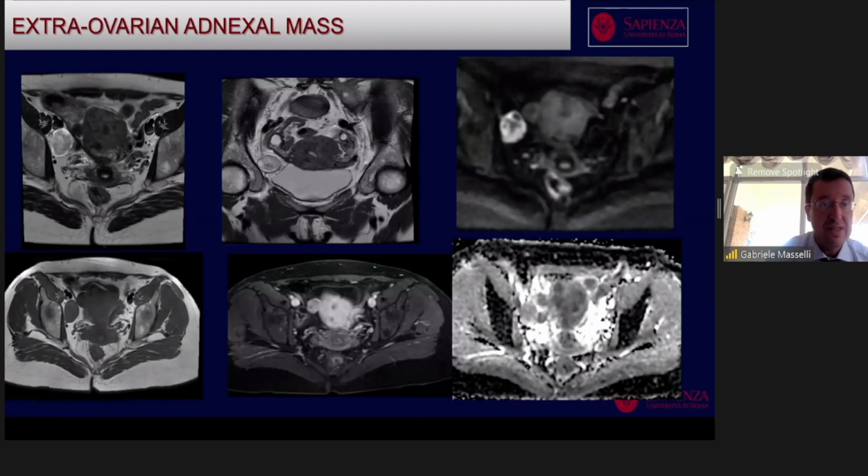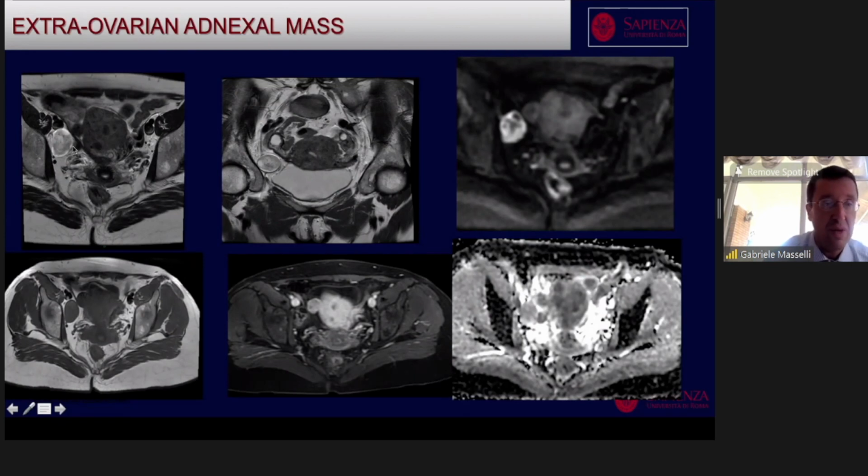I'll show you another case. This patient underwent ultrasound that detected a right adnexal lesion. After ultrasound, MRI was performed for a better characterization. The first step is to evaluate if the origin of the lesion is from the ovary.